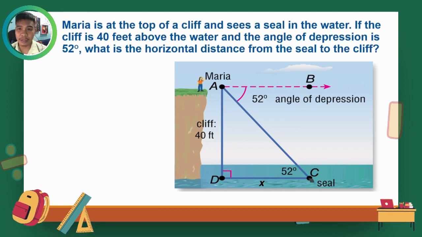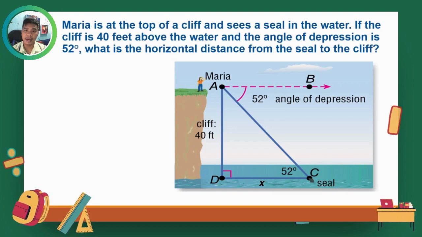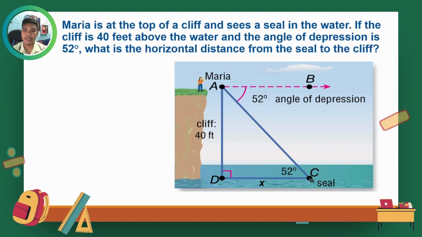And as I said a while ago, the angle of depression, angle A here, and angle C, since AB is parallel to DC, are alternate interior angles. So therefore, angle A and angle C are congruent by the alternate interior angle theorem. So if angle A is 52 degrees, angle C is also 52 degrees. So we will use now the reference angle, which is equal to 52 degrees inside the triangle.